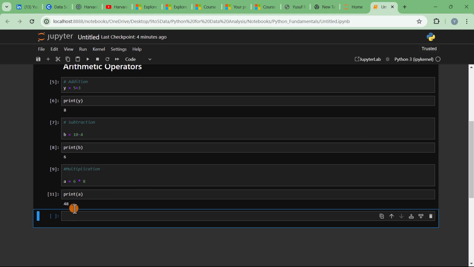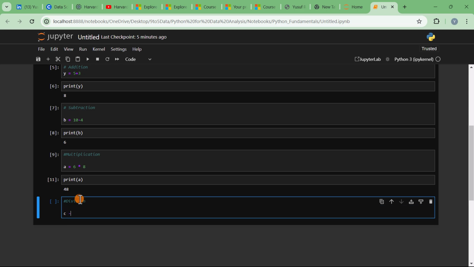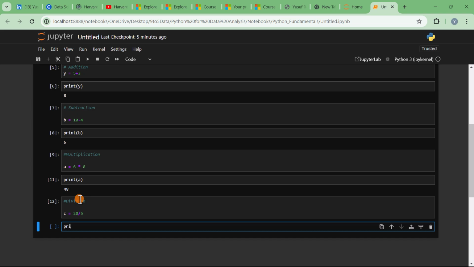So we have the division operator. C equals 20, and the division sign is the forward slash key. We'll say c equals 20 divided by 5, run that and print c.